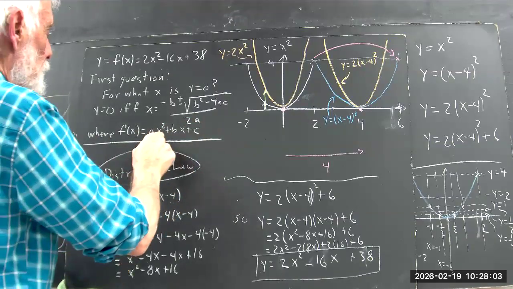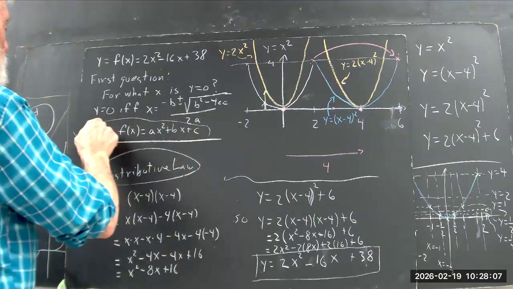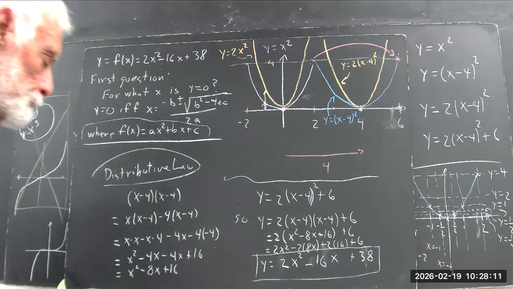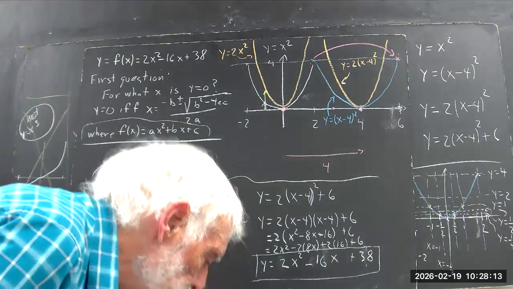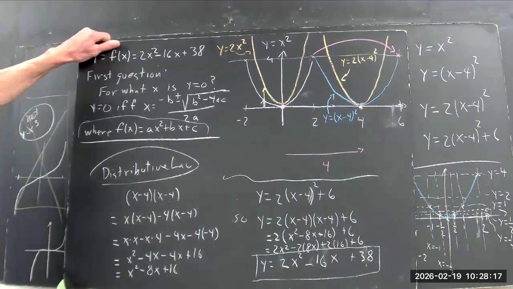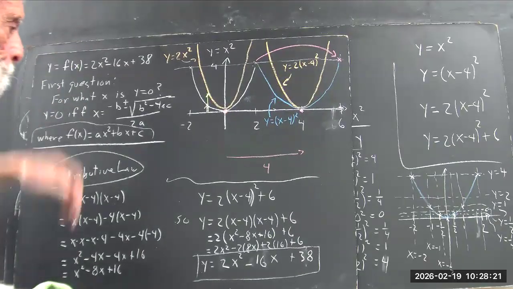F of x equals ax squared plus bx plus c. Now, what in the world do I mean by that?